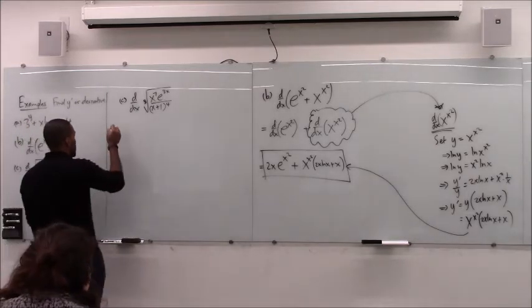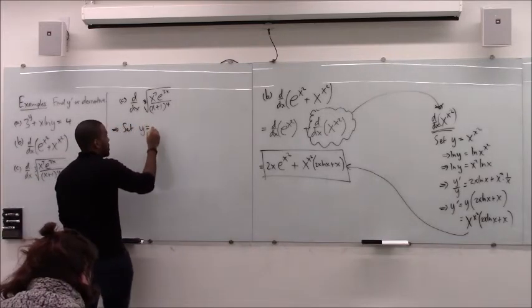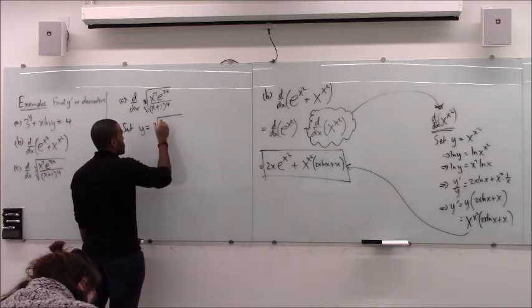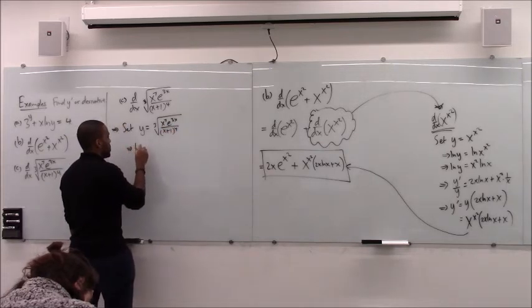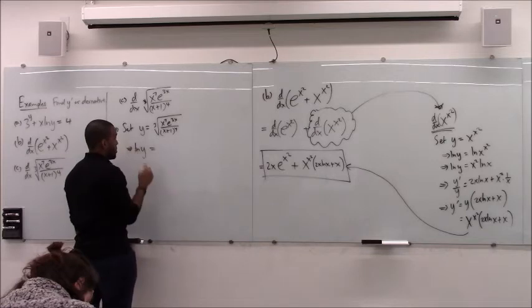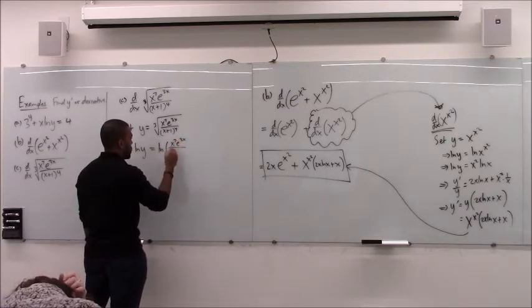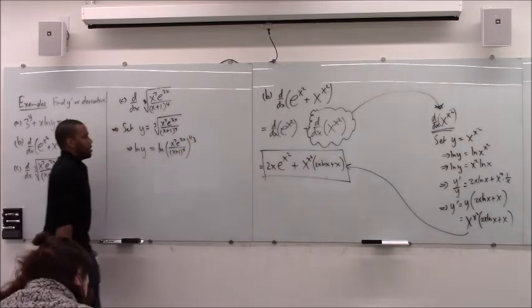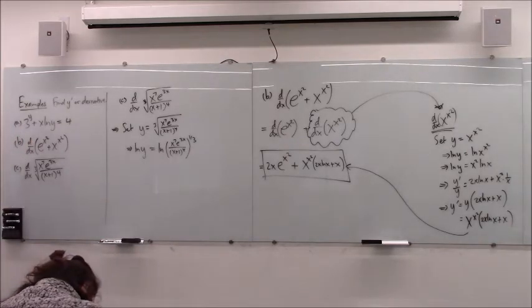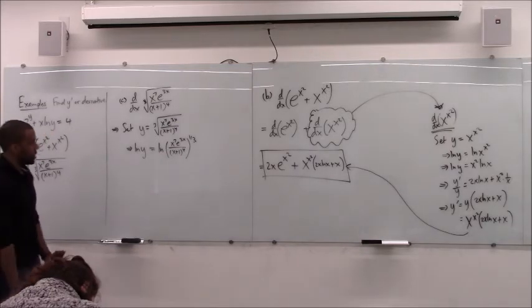That's log differentiation. So what I'm going to do is set y equals this thing, and then I'm going to log both sides of that equation. And now with the log in play, I am allowed to simplify this situation considerably.